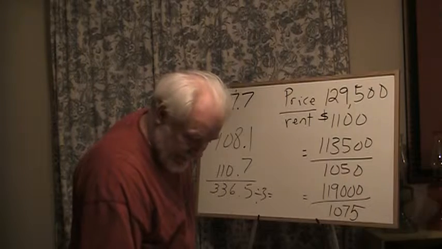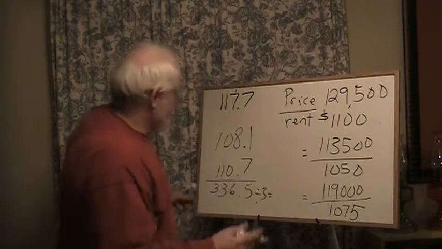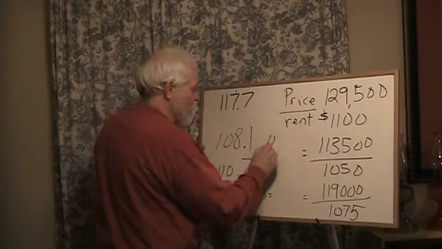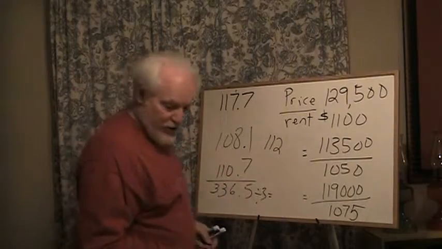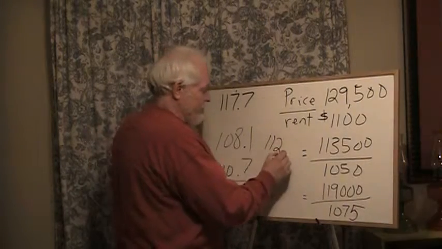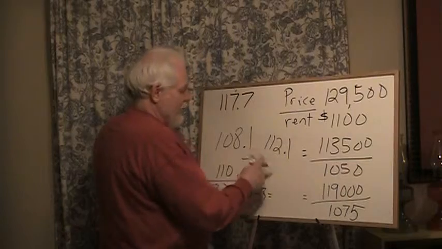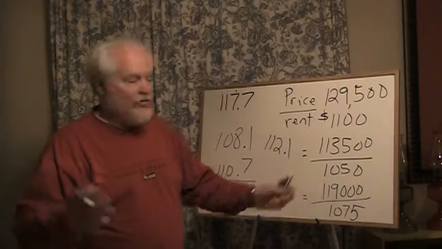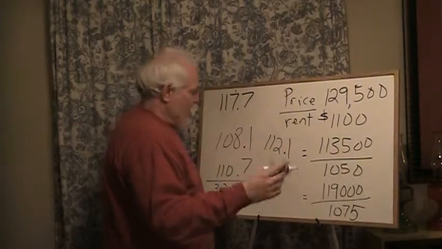So we divide that by 3. So the average gross rent multiplier for this neighborhood is 112.1.